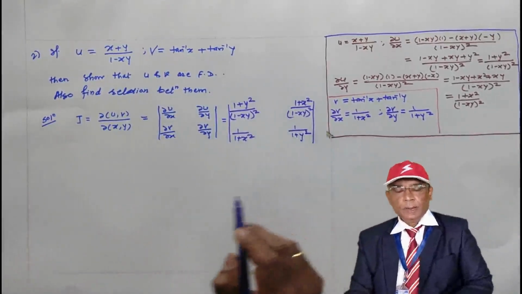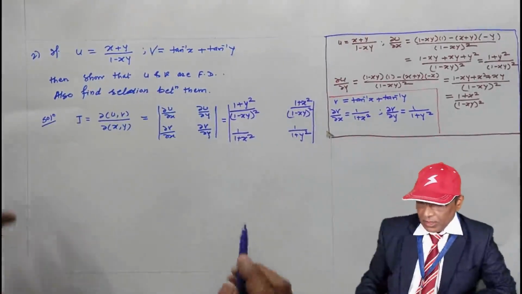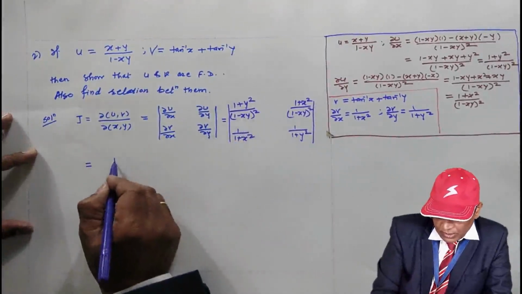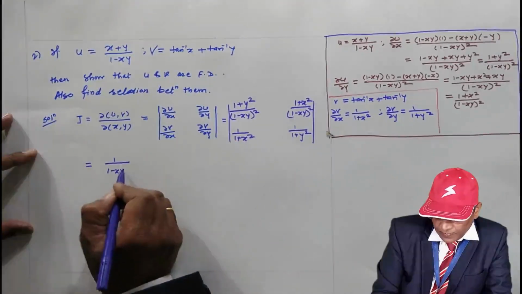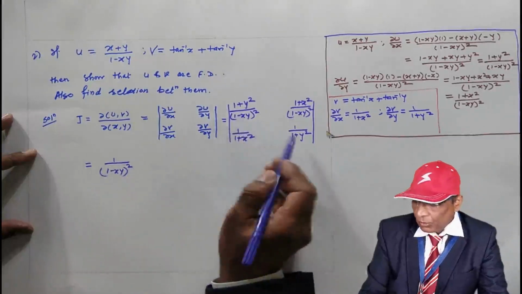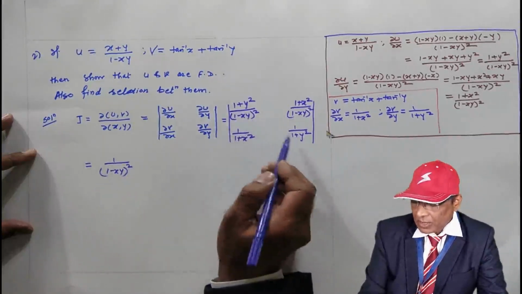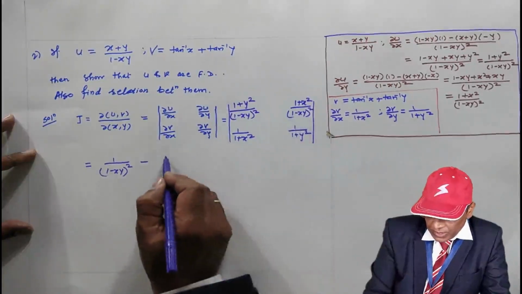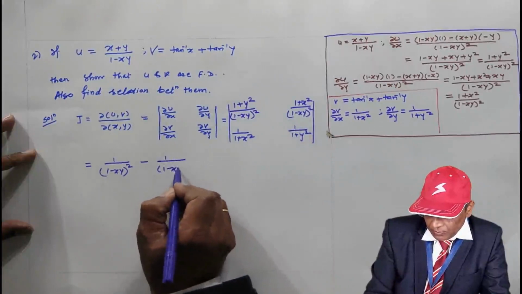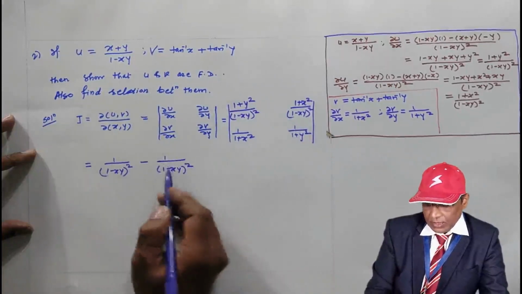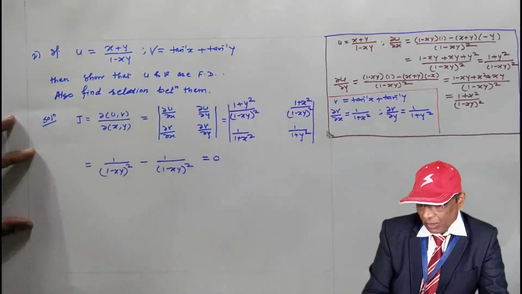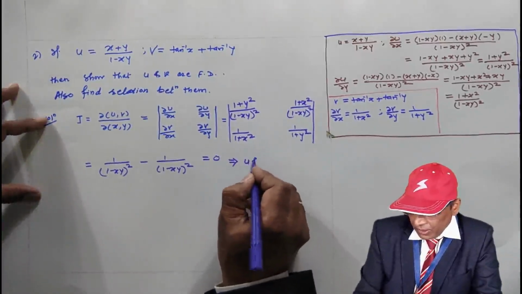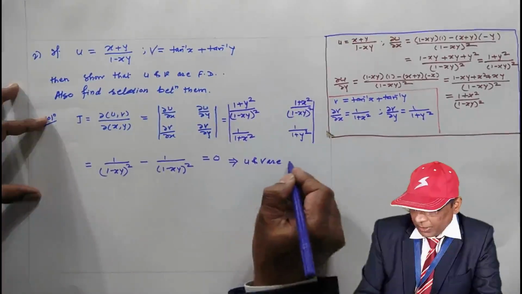If you solve this with cross multiplication, the product of these two, 1 plus y square, will get cancelled, minus the product of these two, where 1 plus x square will get cancelled, and this will remain. Again these two cancel, giving 0, and this implies u and v are functionally dependent.